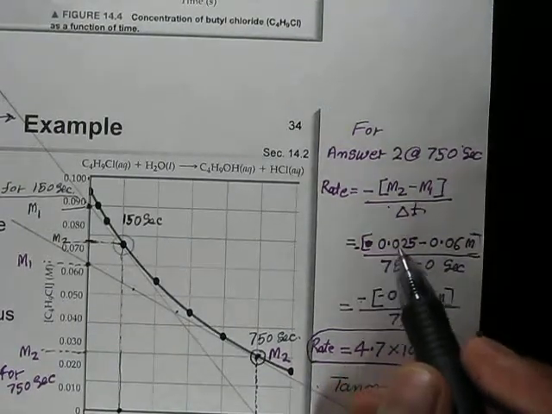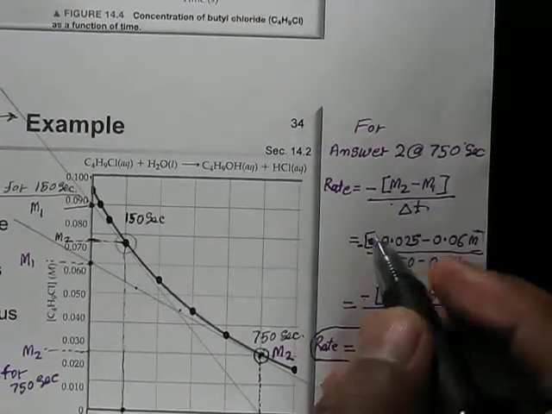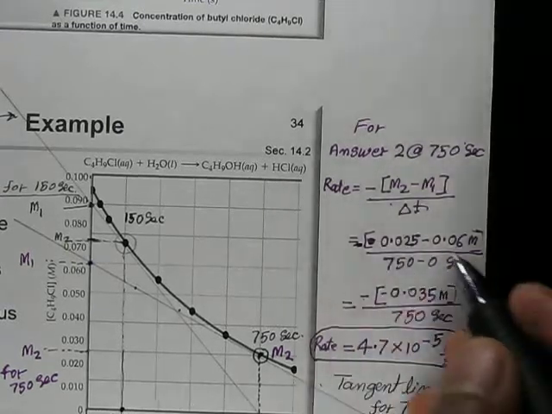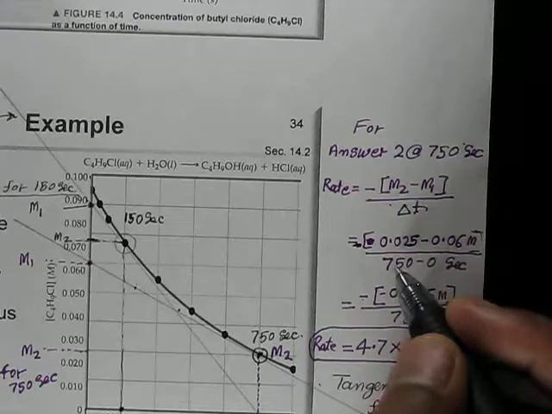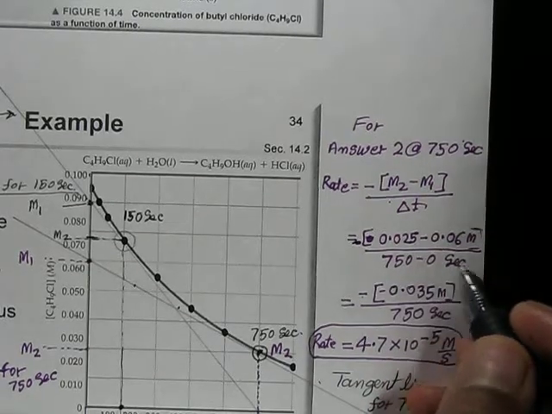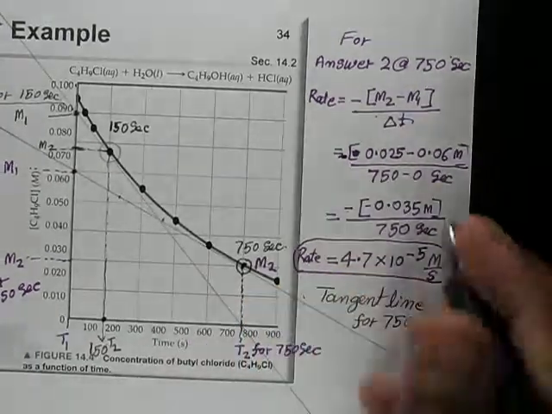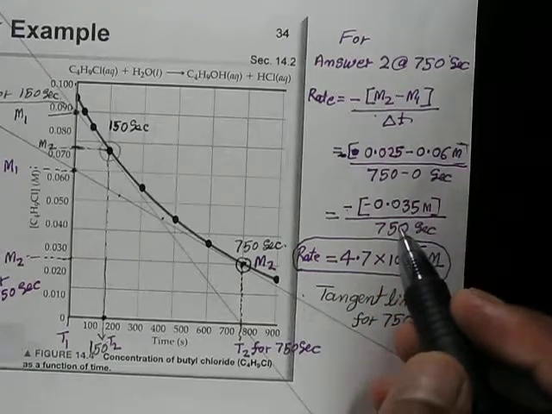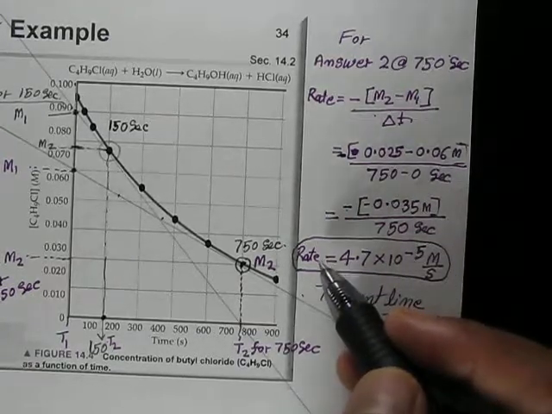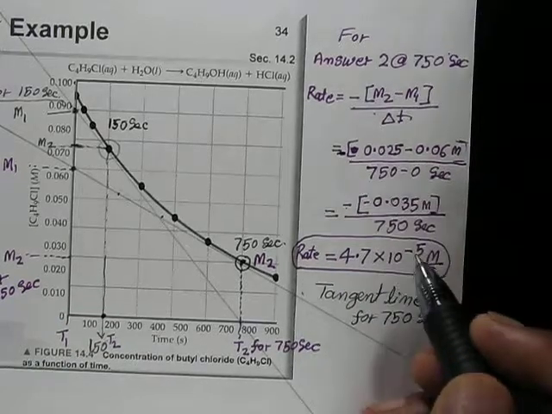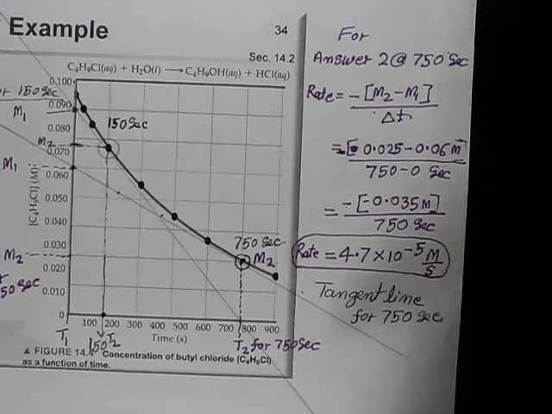M2 is 0.025, and then put the negative sign outside also. 0.025 minus 0.06 molarity divided by 750 minus 0. So subtract that molarity and divide by 750 seconds, and you will get the answer for the instantaneous rate. The rate will be 4.7 times 10 to the minus 5 molar per second.